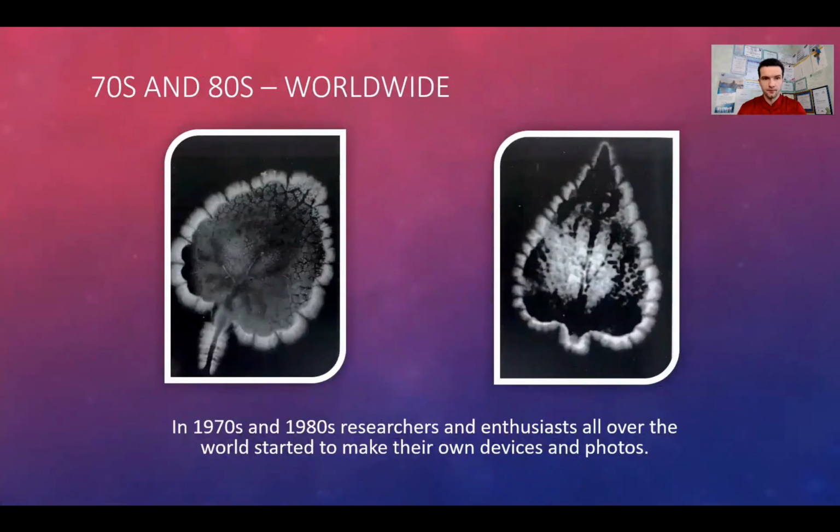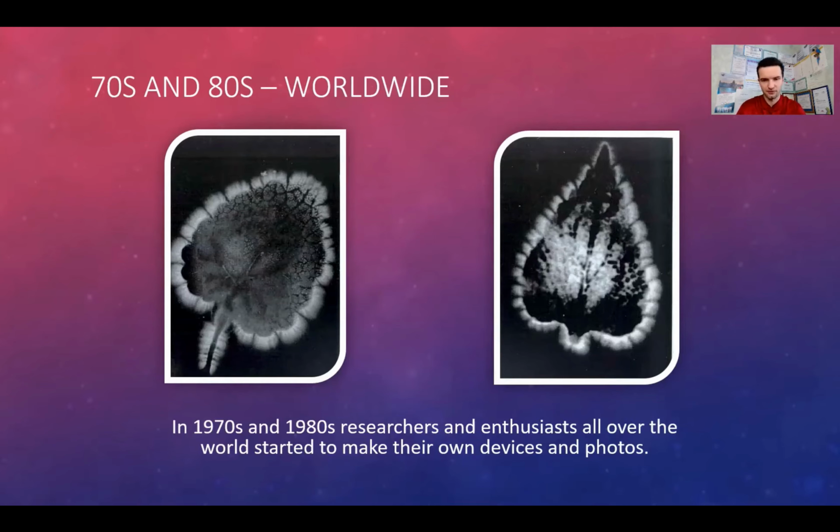So in the 70s and 80s of the 20th century, worldwide, as the electronic equipment and all the components became much more available to electronics engineers, they were able to buy them in the shop and then construct their own Kirlian camera themselves.